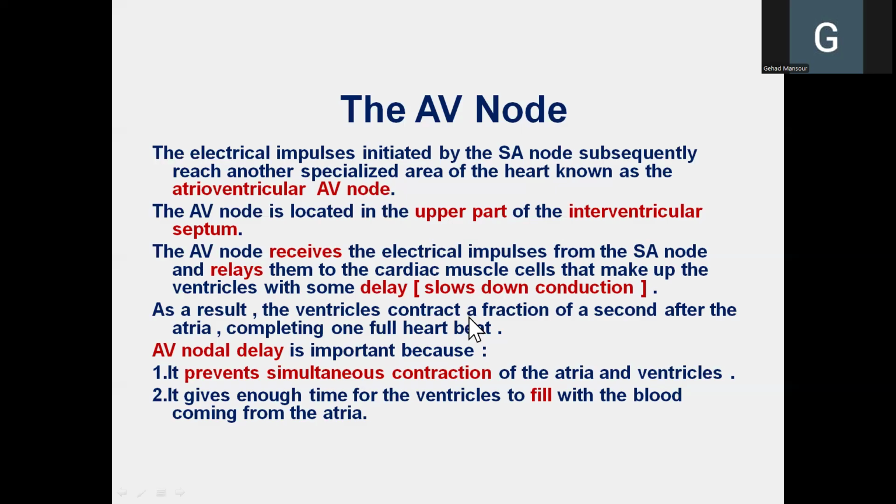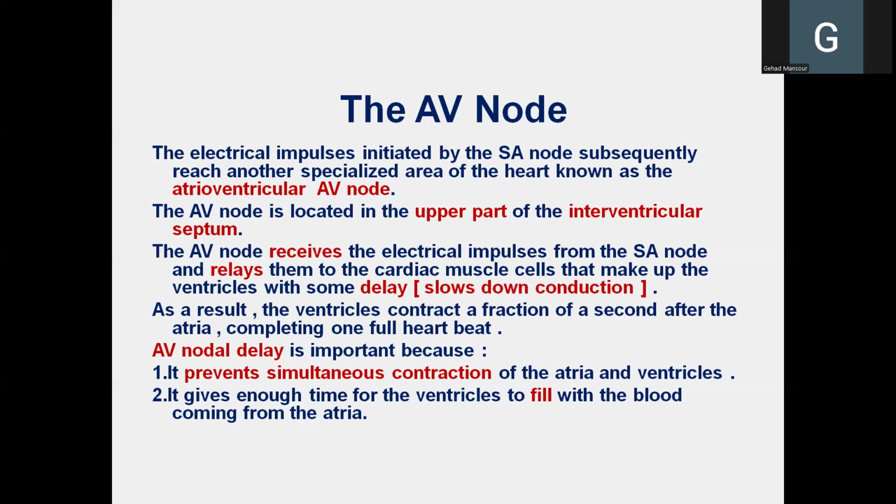The importance of this delay of the AV node is, number one, to allow the ventricles to beat a fraction of a second after the atria so that they don't contract simultaneously, because if they contract simultaneously, there would be inefficient pumping of blood from the ventricles. Number two, to allow the ventricles enough time in diastole to fill with blood.